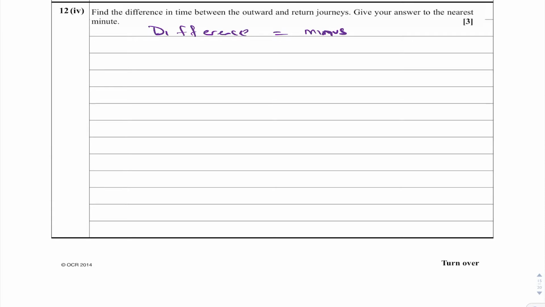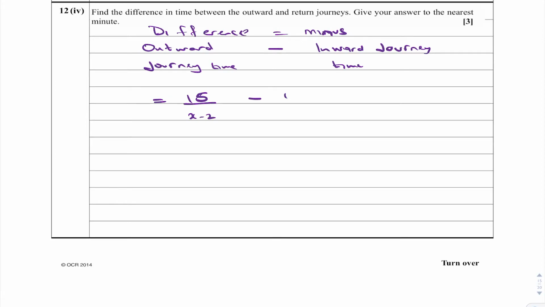So the outward journey time minus the inward journey time, which equals 15 over x minus 2 minus 15 over x.